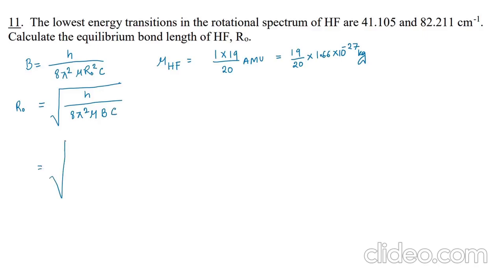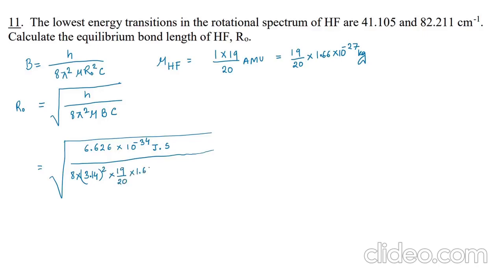So I'll expand these values. h is 6.626 into 10 to the power minus 34 joule second. So this is 8 into 3.14 square into mu, which is 19 by 20 into 1.66 into 10 to the power minus 27 kg, right?